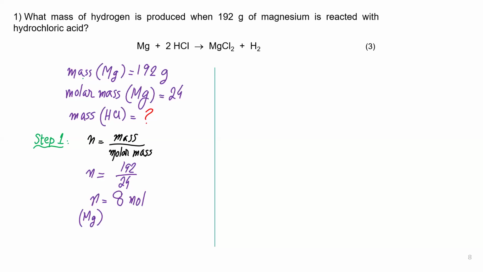Okay, now look at step number 1. Number of moles is equal to mass upon molar mass. Mass is given 192, molar mass is given 24. I got number of moles as 8.